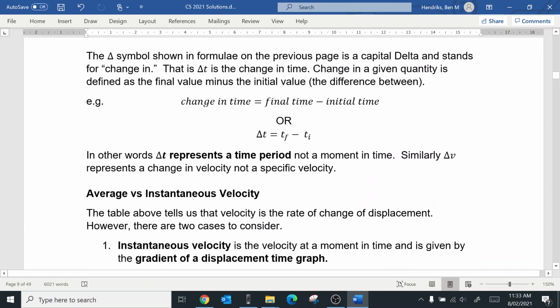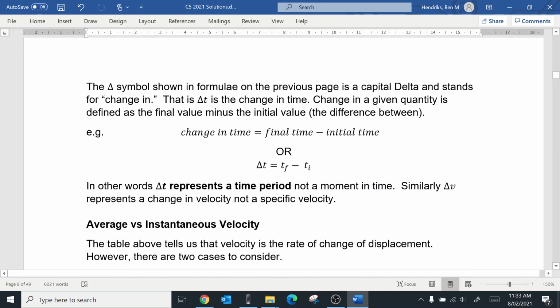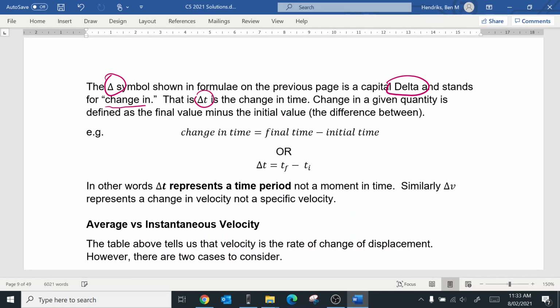You might have noticed that in those equations there was this symbol here, which we call the delta symbol. It's actually the Greek letter capital delta and stands for change in something. So this one here is the change in time, how much time has passed, essentially.